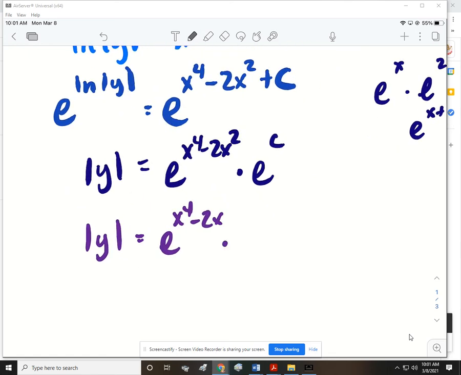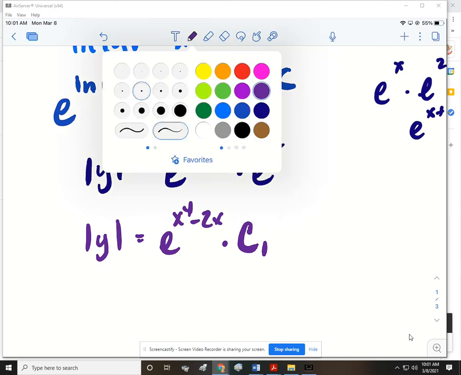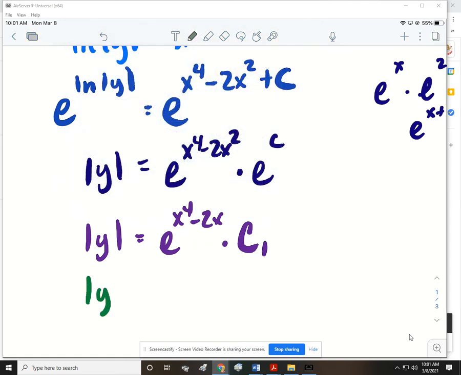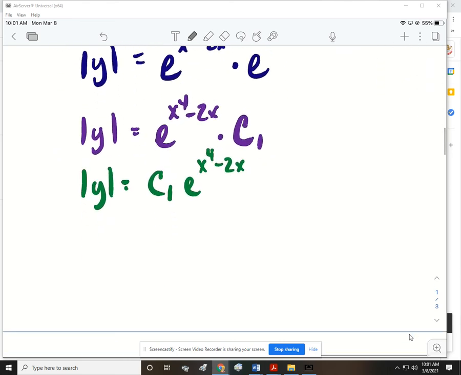So this is really just multiplied by a different constant that we'll call c sub 1. Now, typically, that's going to be written in the front. So let's do that. Okay. And then if this is what the absolute value of y is, then y could actually equal the positive or the negative version of that.